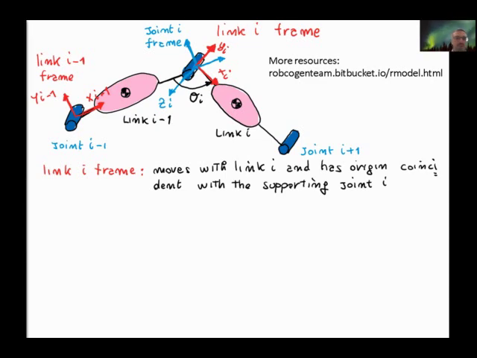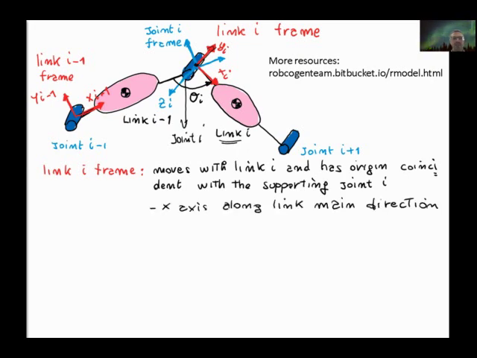And we see here that the recommendation is to place the link I frame, like this is the link I, and this is the link I frame, such that it has the origin coincident with the supporting joint, which is joint frame I. So this is joint I that supports link I. The x-axis of the link frame is usually along the main link dimension. So if you have a longer link, you select the x-axis this way.